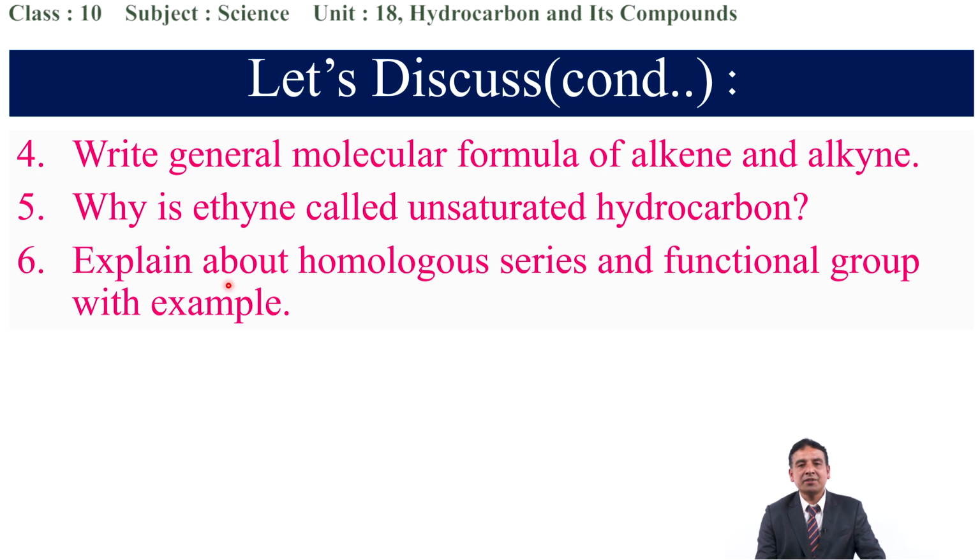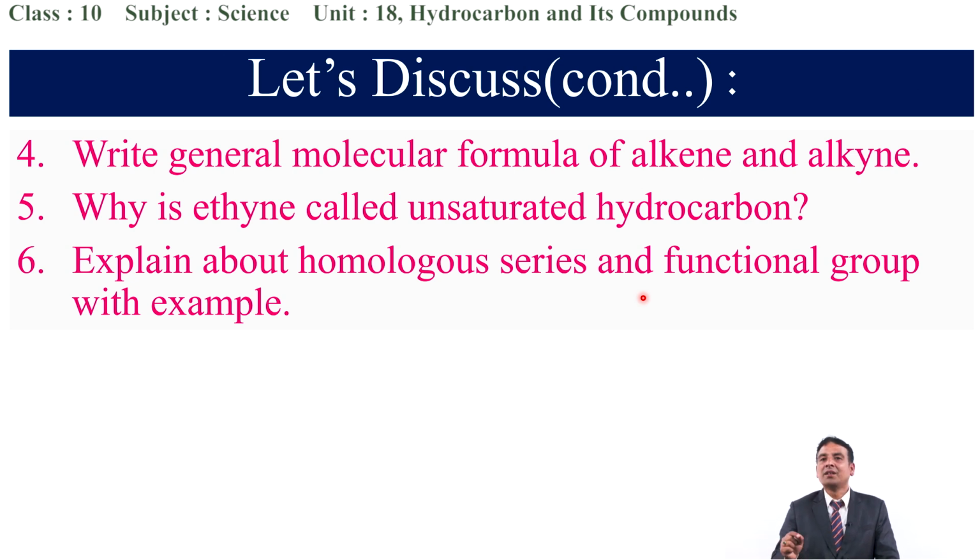Okay, in question number 6, explain homologous series and functional group with example. First, you have to define what is homologous series as well as what is functional group, and you have to add some examples to beautify your answer. Homologous series are compounds of the same family.